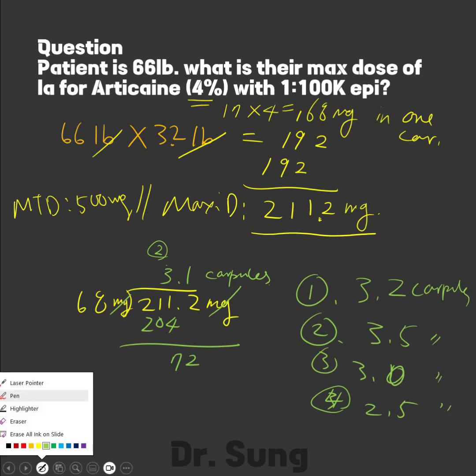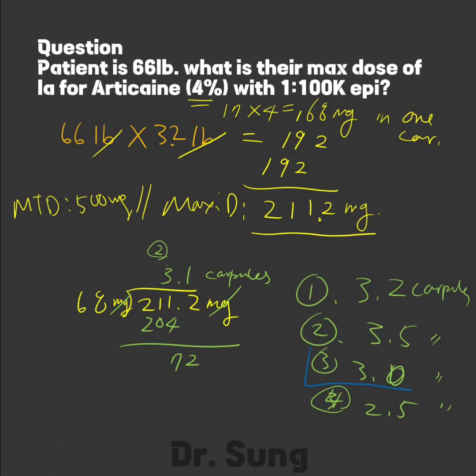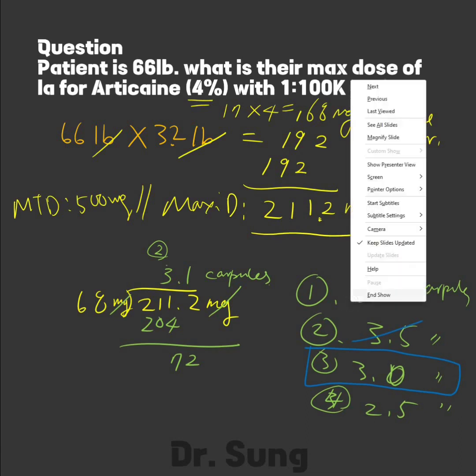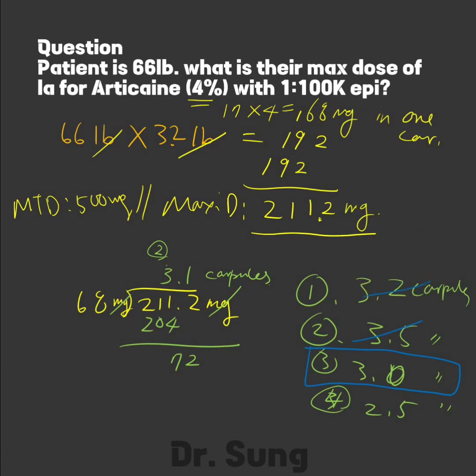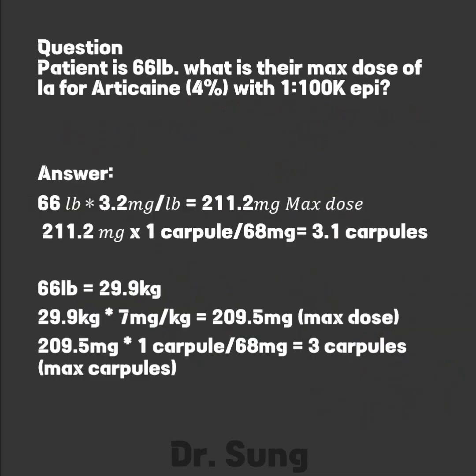Yes, the answer is 3.0 because it should not be more than 3.1. Even though 3.5 is close, we are now choosing how many carpules, so the maximum number of carpules is 3.0. If there is a 3.1 exact matching number, then that is the answer.